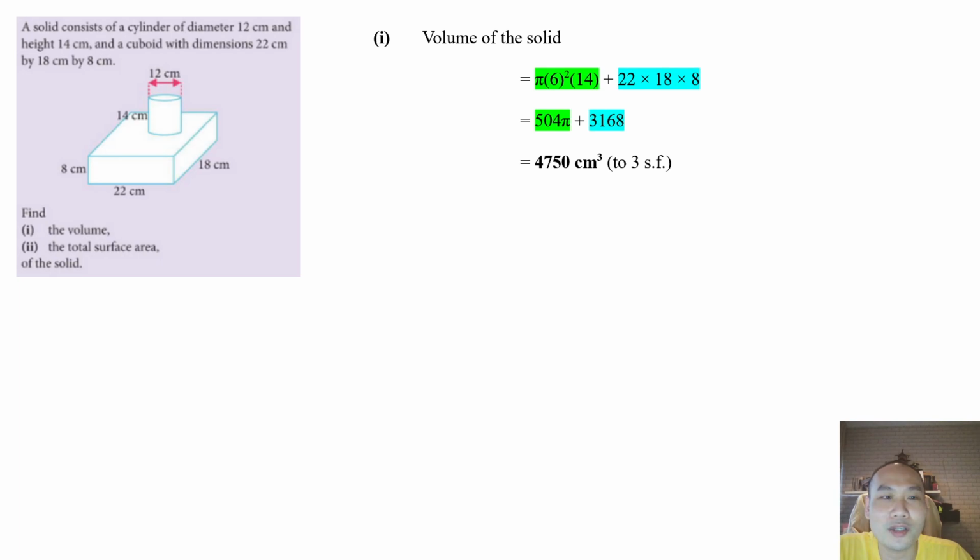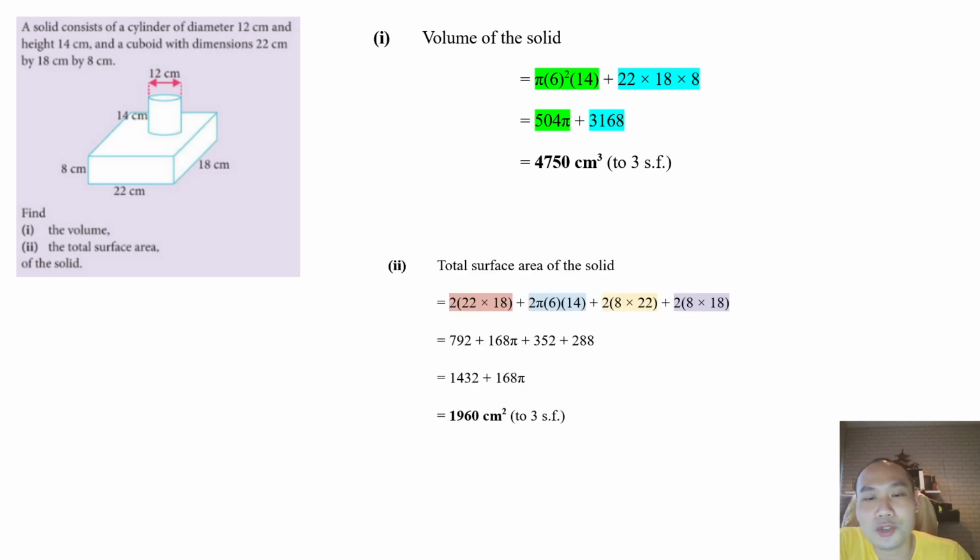Because the area of the circle, the cross section of the cylinder, when we add it to the area that's exposed on the top of the cuboid, is still back to the rectangle of the cuboid, right? So that's fine. The only thing that we need to take note of here is the curved surface of the cylinder. The cap, the lid, we don't have to worry too much about it.